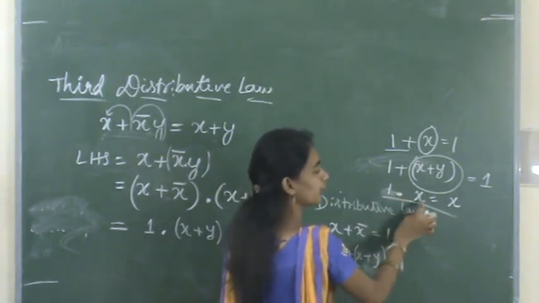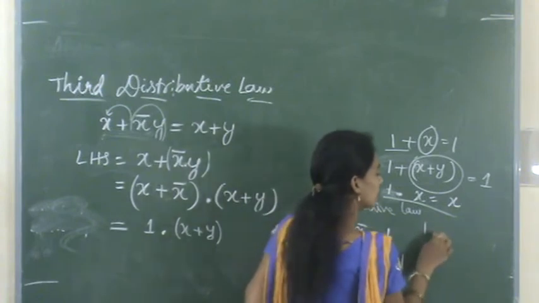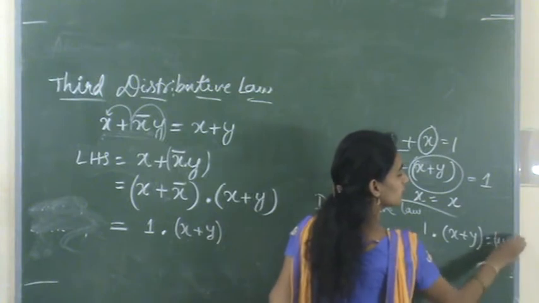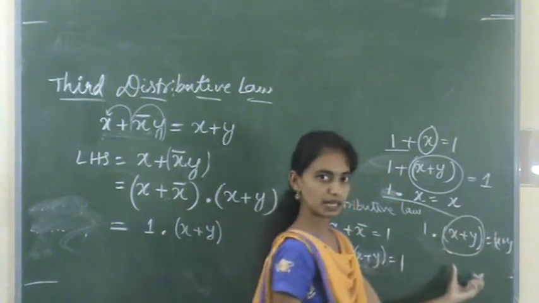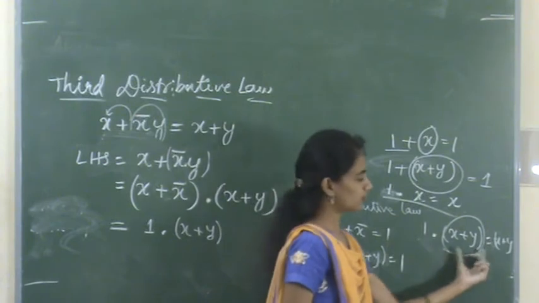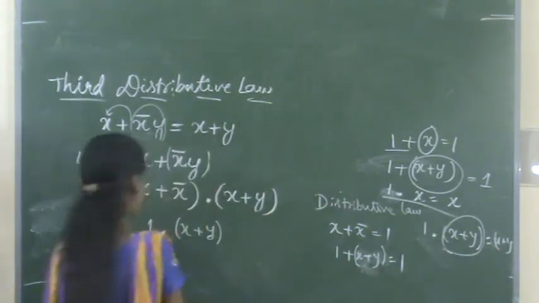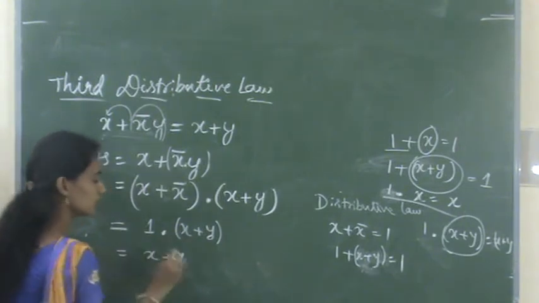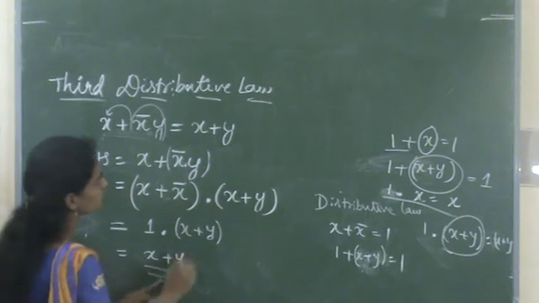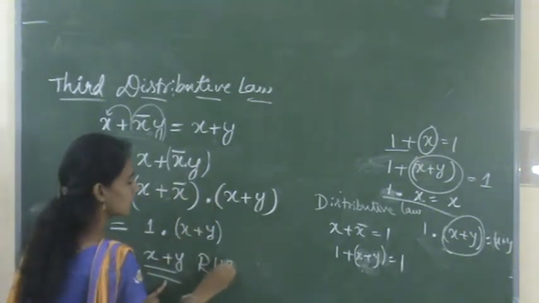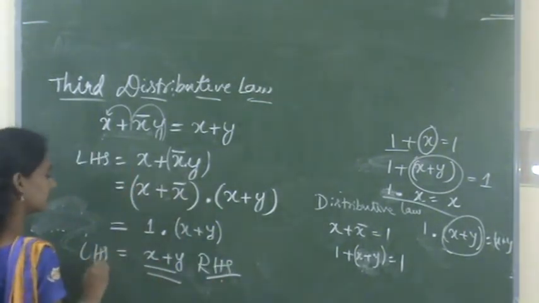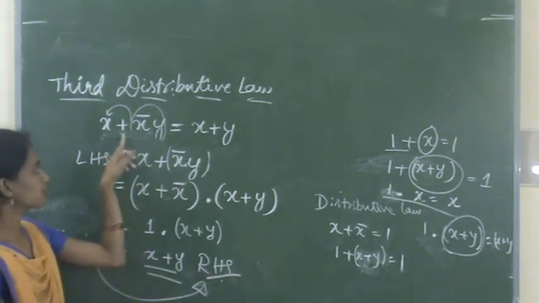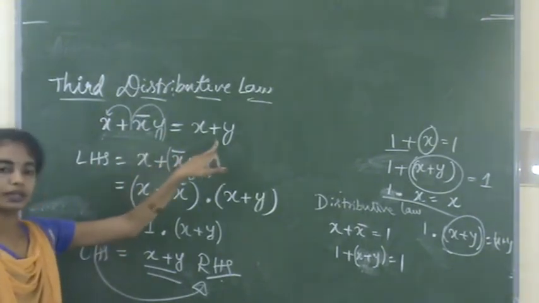So 1 into x is equal to x means 1 into x plus y is also equal to x plus y. Whatever the variable is here, that will be the result, right? So 1 into x plus y is equal to x plus y. So this x plus y is the RHS. So we prove that LHS is equal to RHS. Hence x plus x bar y is equal to x plus y.